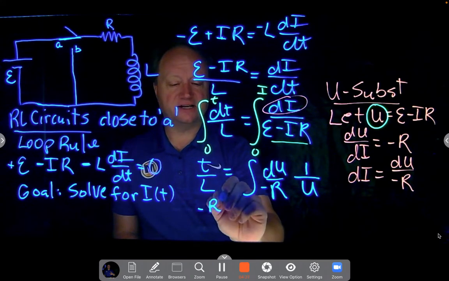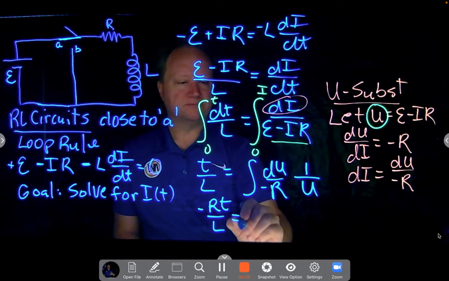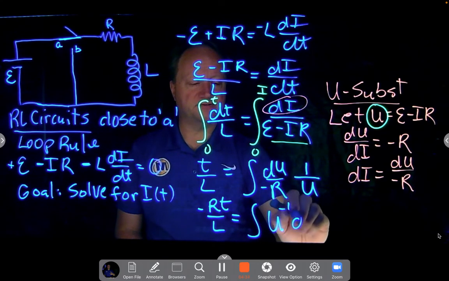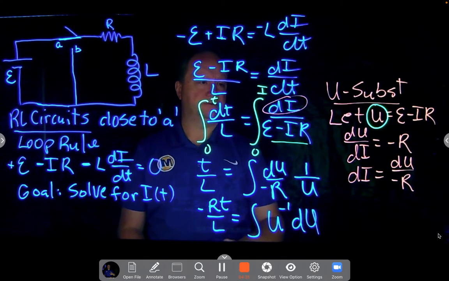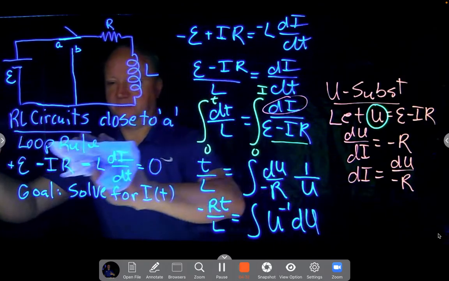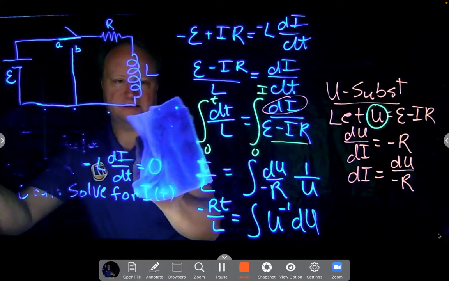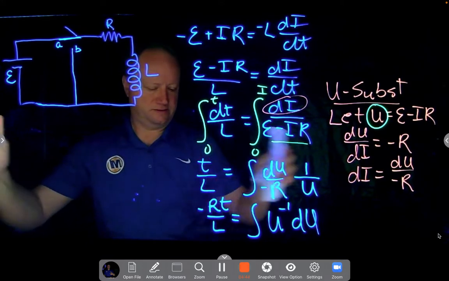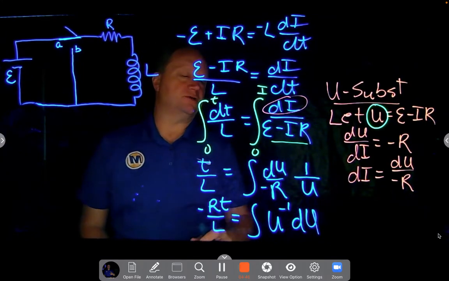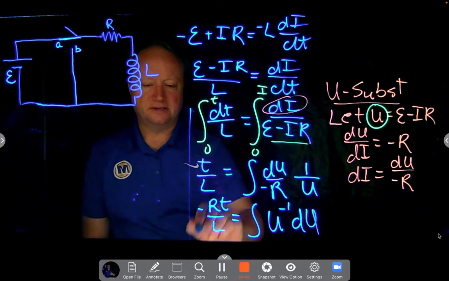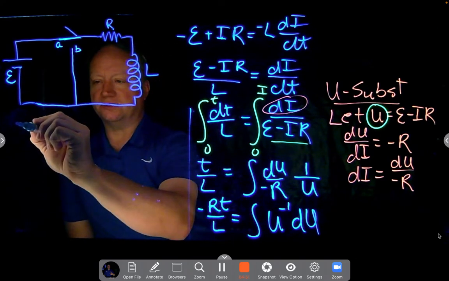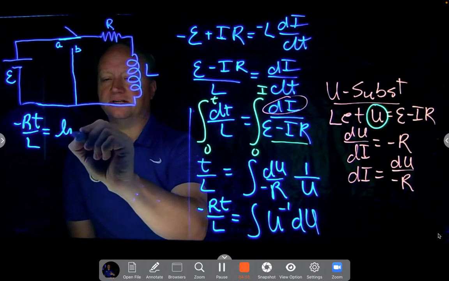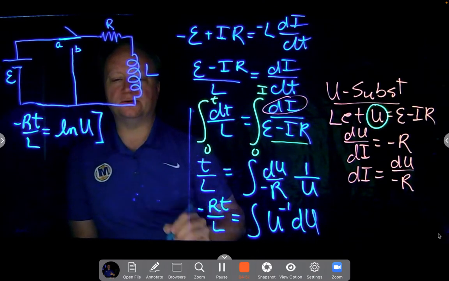So I get negative Rt over L is equal to the integral of u to the negative first du. Integrating u to the negative first du is going to give me a natural log, so I end up with natural log of u.